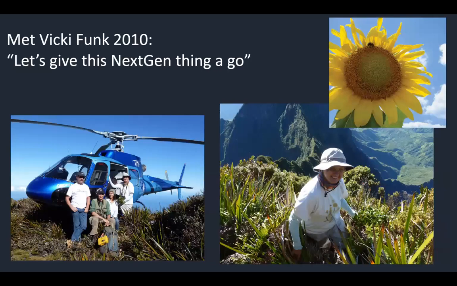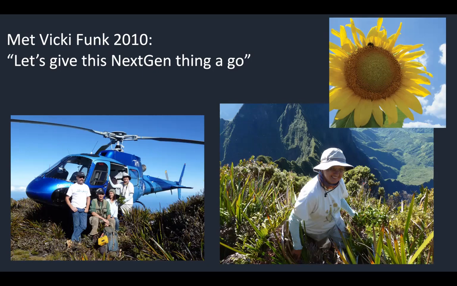And then, as I said, it was about 2010 when I met Vicky in Davis, California. She was attending a Compositae genome project meeting, and I was a postdoc working on Helianthus annuus, cultivated sunflower. And Vicky had heard about next-gen sequencing, and she wanted to talk to some genomics folks who were in that realm.